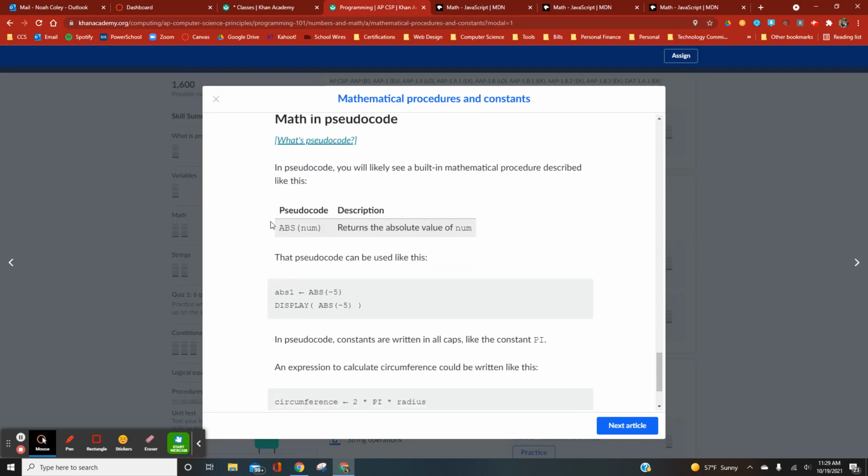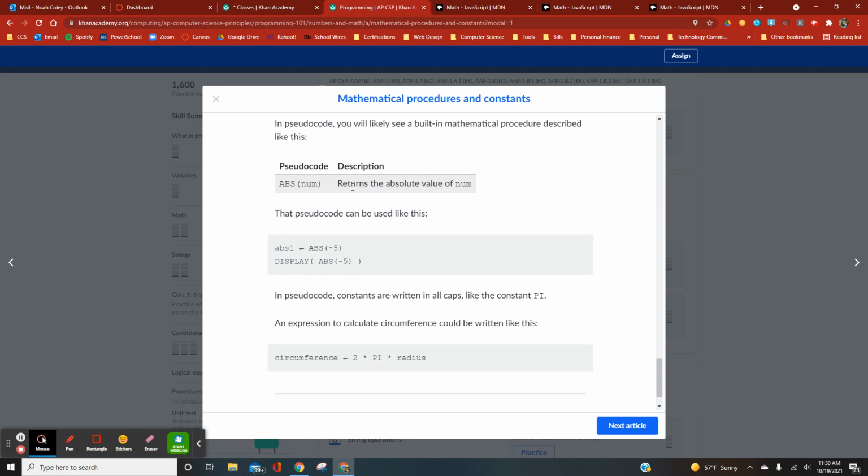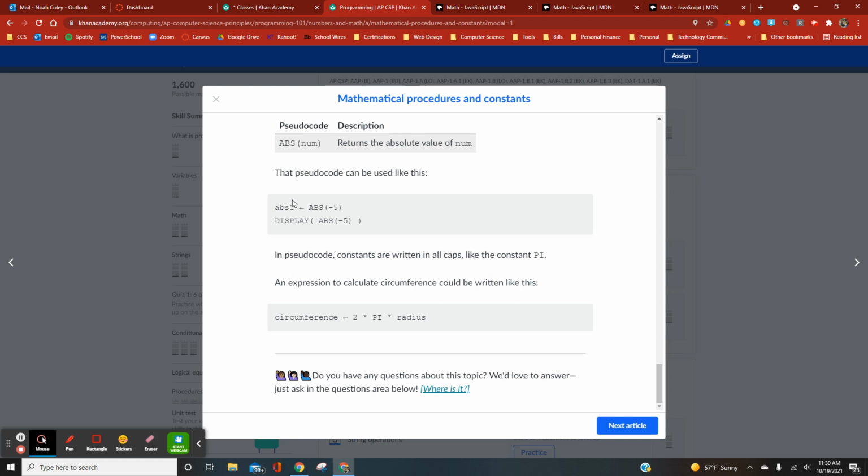Math in pseudocode. In pseudocode, you'll likely see built-in mathematical procedures like this: ABS(number) means return the absolute value of a number. Okay. Back to the pseudocode, it can be this: ABS(-5), then DISPLAY(ABS(-5)).